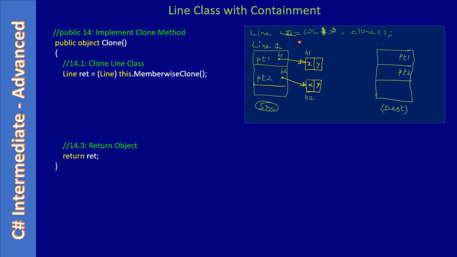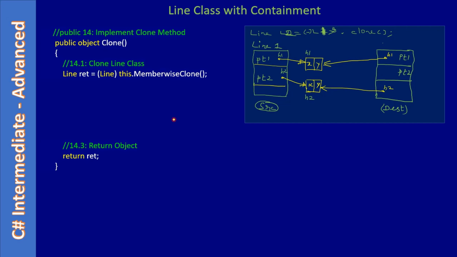Now when member-wise clone takes place, what happens? This PT1 copies the address location, so H1 will get copied here. That means here will be pointing to this, and here also we will be pointing to the same location, H1, H2.